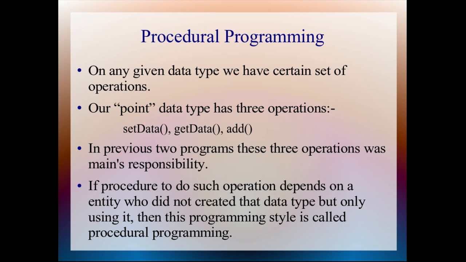In a simple way, if you defined a data type and did not define what the operations will be on the data type, then the user of the data type has a headache, has the responsibility to define new operations on your defined data type. This is procedural programming.